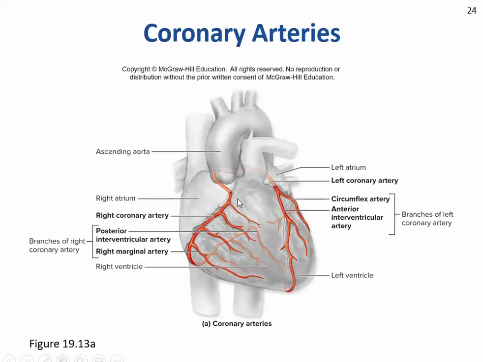Now, this groove between the atrium and the ventricle is called the coronary sulcus. It goes all the way around the heart there. And then there's a groove that's in the front of the heart over top of the interventricular septum called the interventricular sulcus.